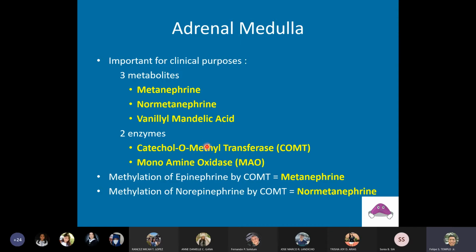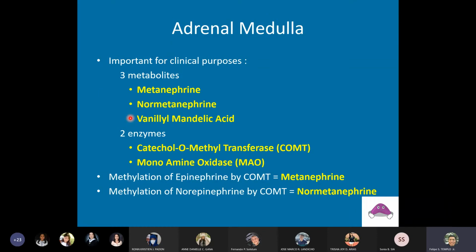And these are the enzymes involved here. Vanillyl mandelic acid is important because it is the measurable substance in your urine, and it is used in the laboratory to detect the presence of pheochromocytoma, which is a cancer of your adrenal medulla.